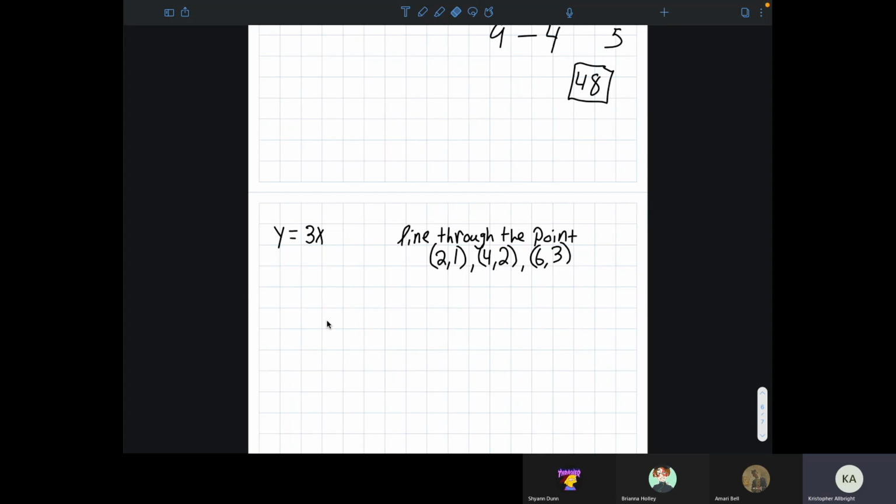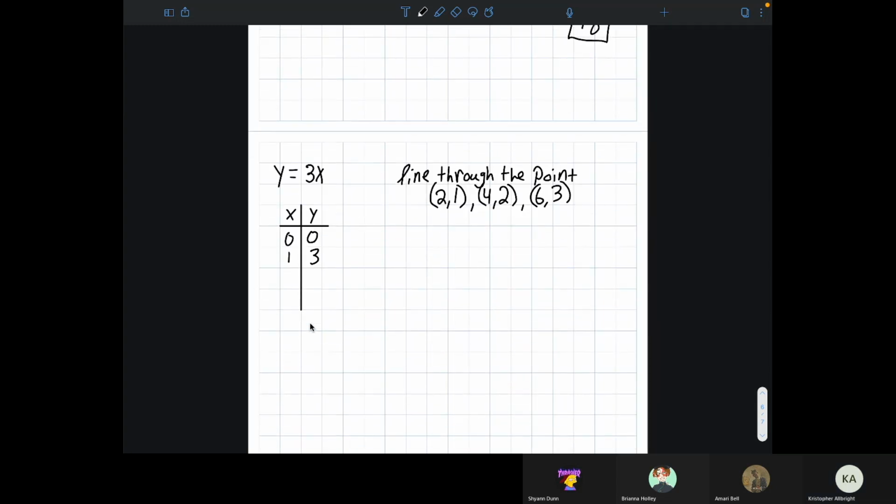So what we need to do is find our slope from here. I'm going to do that using a table of values. I'm going to do x, I'm going to do y. I'm going to plug in 0 and 1 because I only need 2 points. So I plug in 0, I'm going to get 0. I plug in 1 and I'm going to get 3.